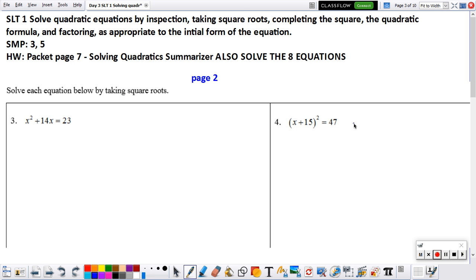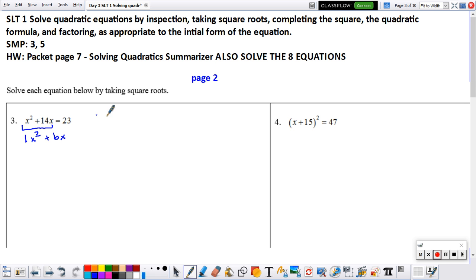And now we've got two problems that they want us to solve by taking square roots. So the first thing we have to recognize is that in problem number 3, we've got an isolated 1x squared plus bx. And that is a requirement when we are going to complete the square.